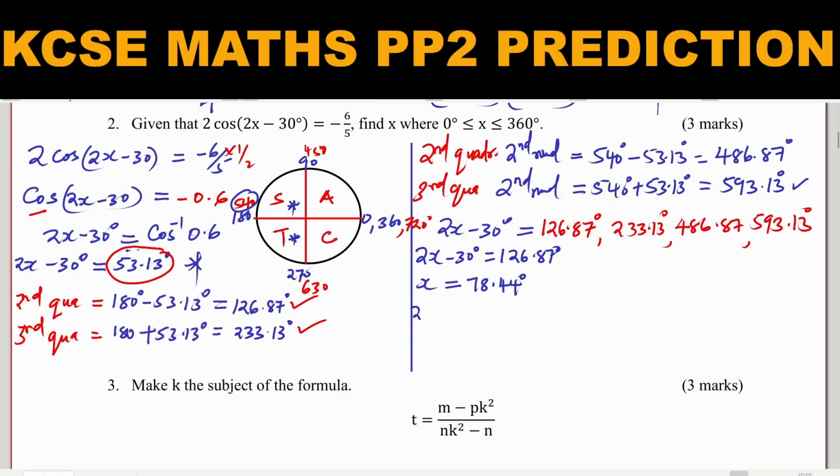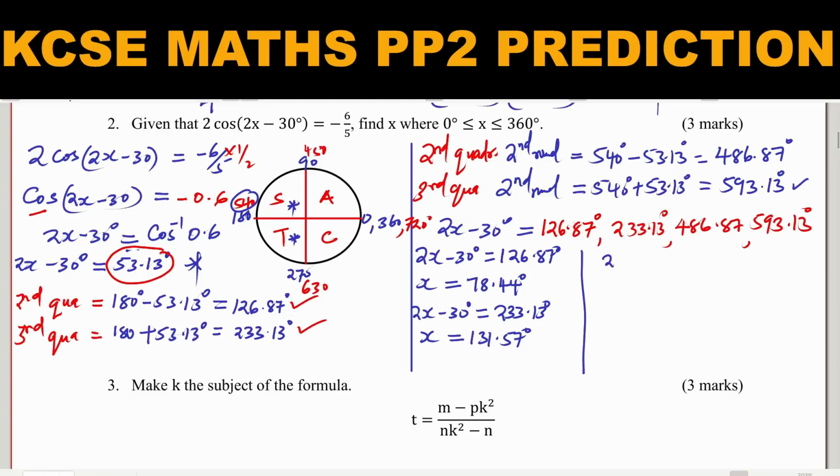The second one, 2x subtract 30 degrees equals 233.13. So here x will be given by 233.13 plus 30, you divide by 2, and that will give 131.57 degrees.